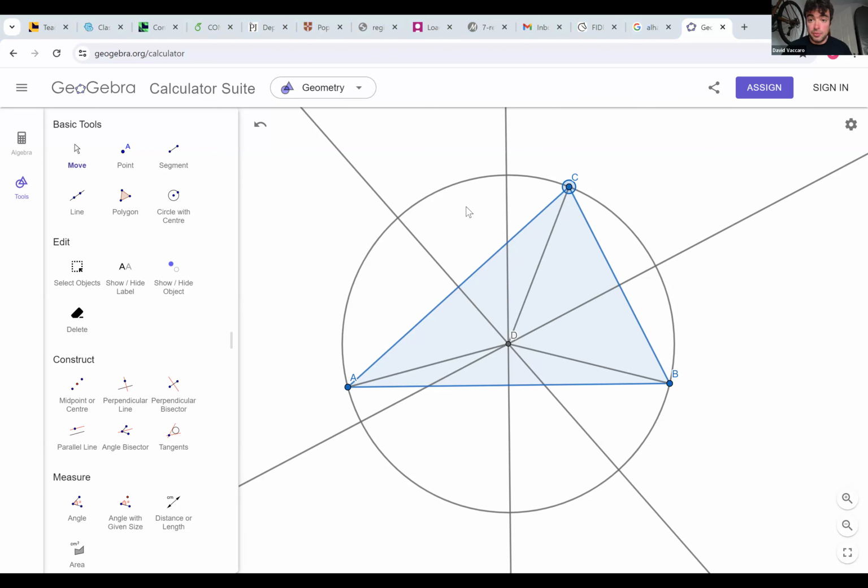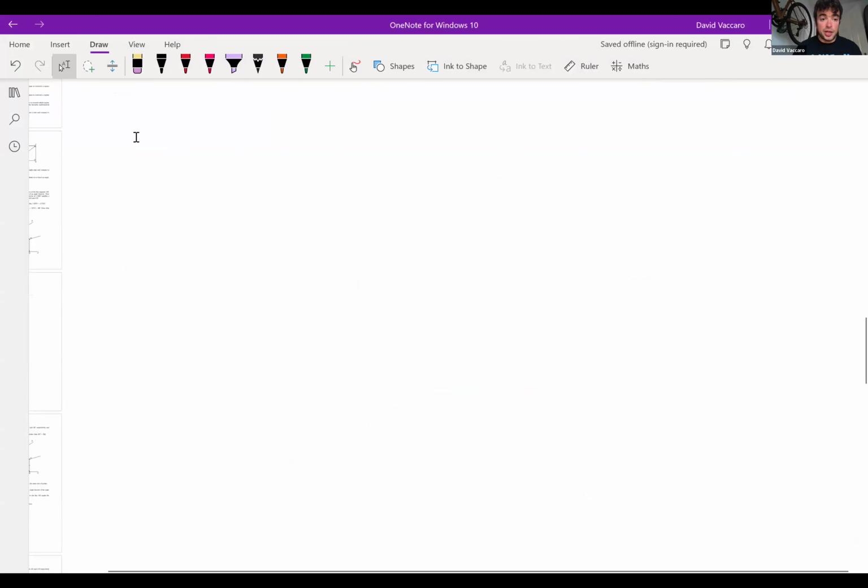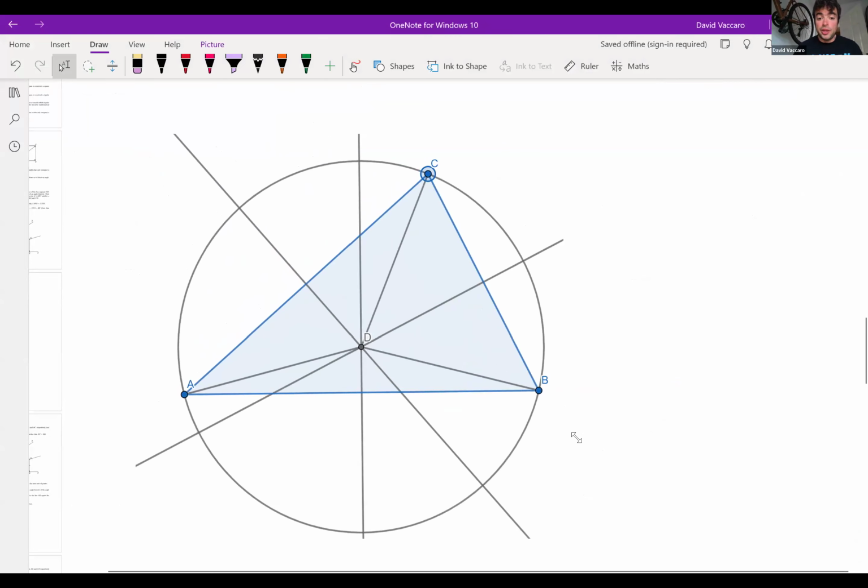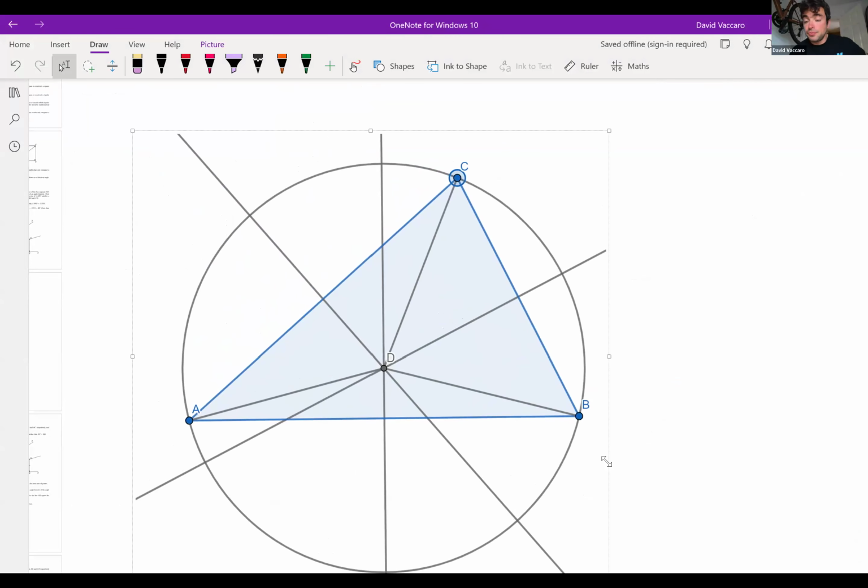So I'm going to do a new share, and so my question is now going to be, I know that the 3 points on a triangle can always be contained within a circle.